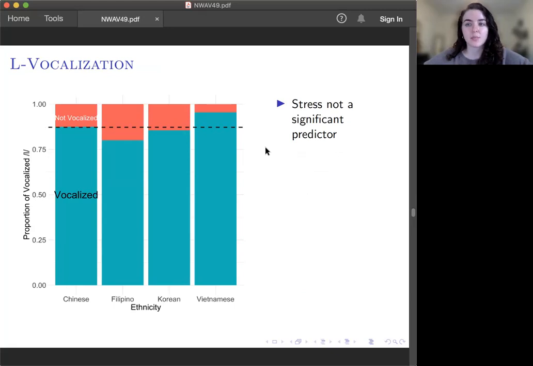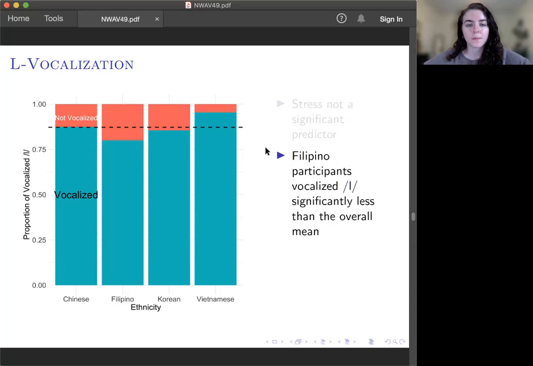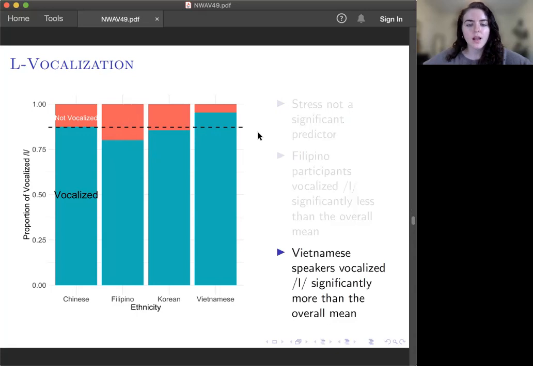Stress was not a significant predictor for vocalization, but ethnicity was. So Filipino participants vocalized L significantly less than the overall mean, which was quite high for these speakers. And Vietnamese speakers vocalized L significantly more than the overall mean.